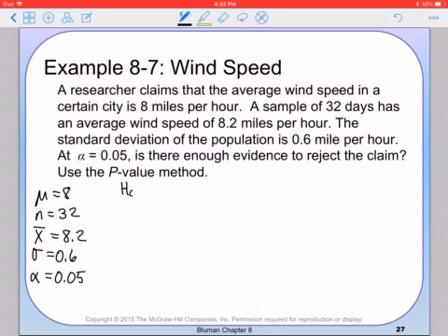We still have to figure out what the null hypothesis is. It's my favorite, whatever mu is. Now, for the alternate hypothesis, we have to think a little bit. Is there enough evidence to reject the claim? The claim is that the average wind speed in a certain city is 8 miles per hour.